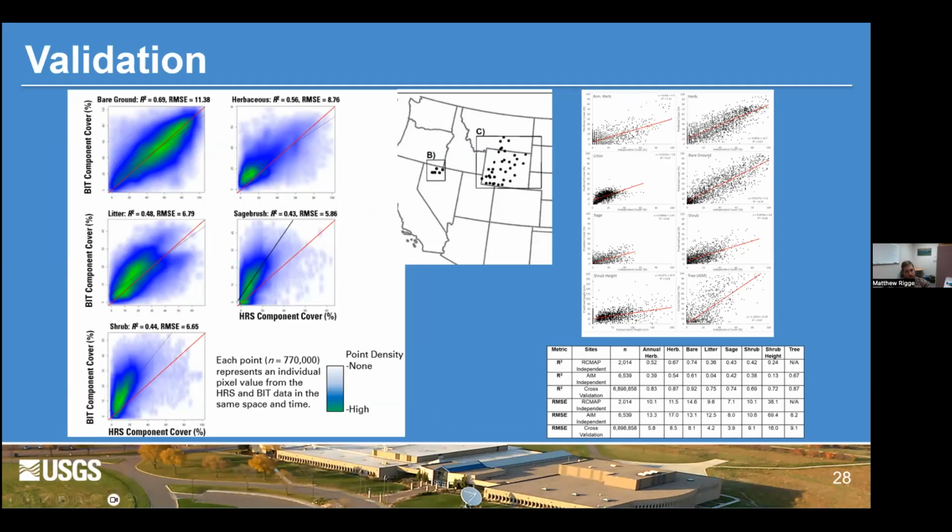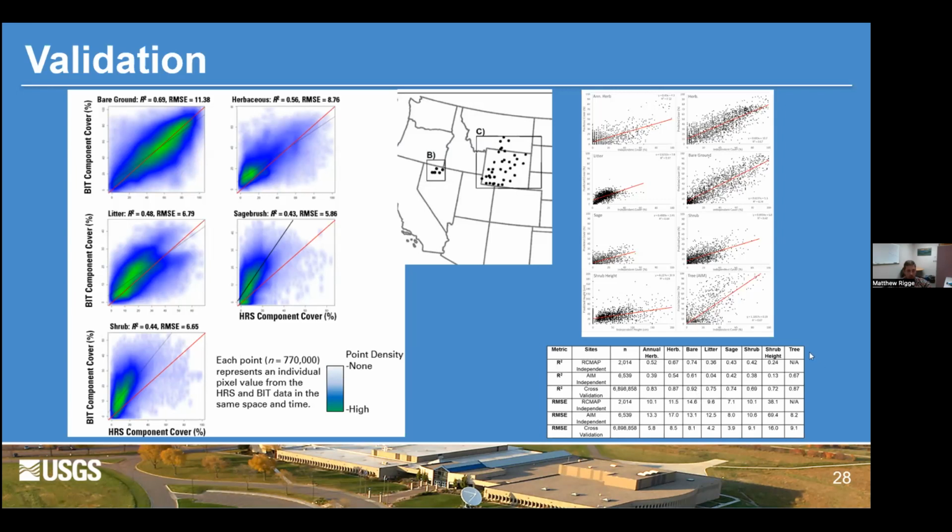Tree cover, bare ground, and herbaceous are by far the most accurate components. So these are some of the R squared numbers. We're in the 0.6, 0.7s. This is independent validation.